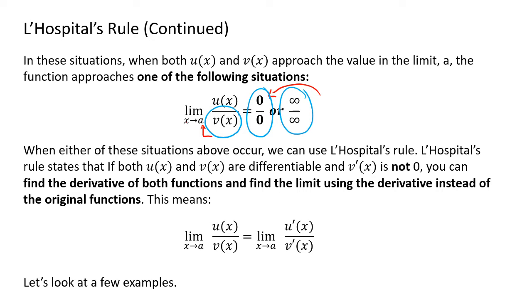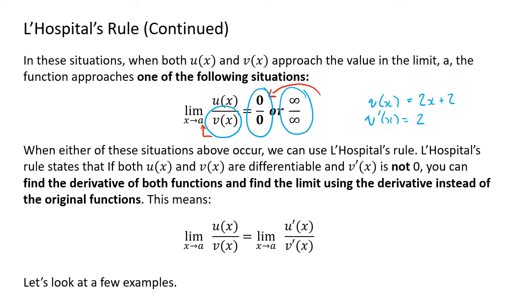So v of x could be something like 2x plus 2, and if you took the derivative of it, that would just be 2. So the derivative of the function in the denominator can't be 0.